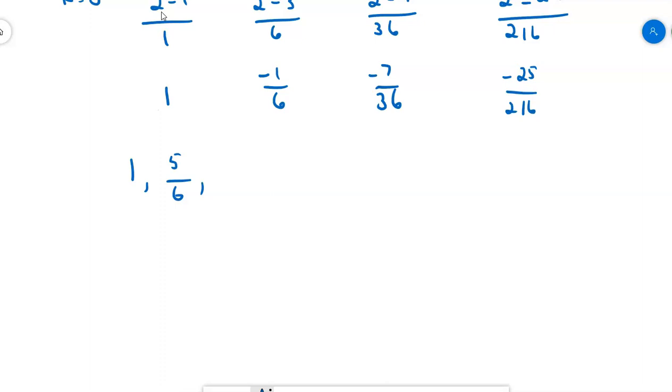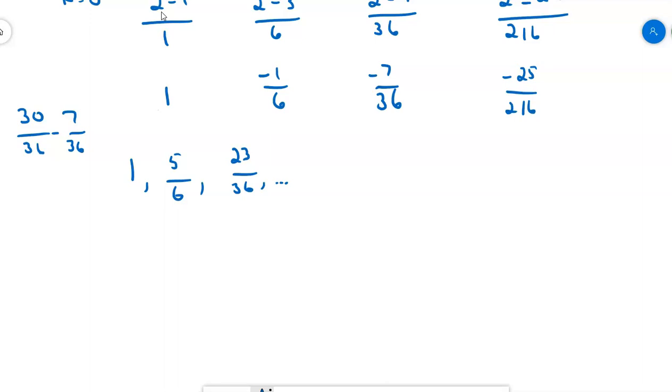Let's see. Come over on the side and do this. So I've got 5 times 6 is 30. 30 over 36 minus 7 over 36 will give me 23 out of 36. So I don't see where this is going exactly. I can see it's decreasing, and I can see it might be heading somewhere, but where exactly, I'm not sure.